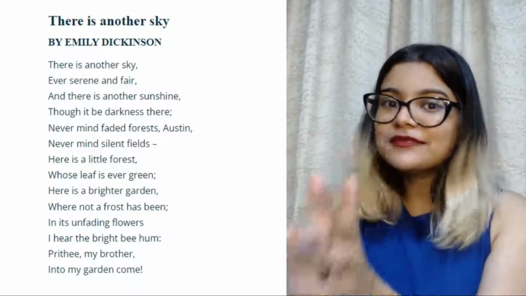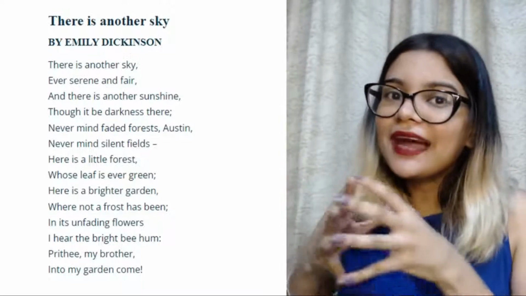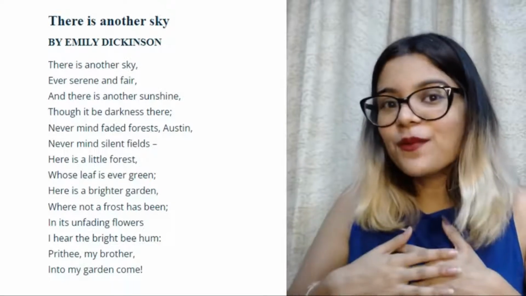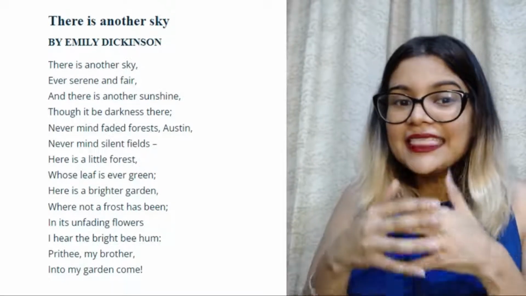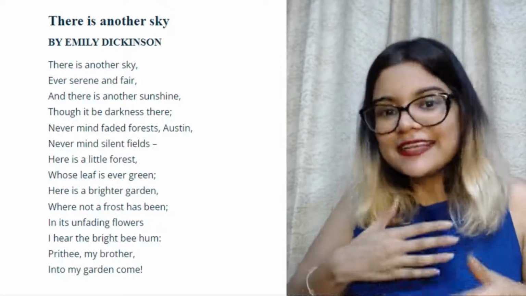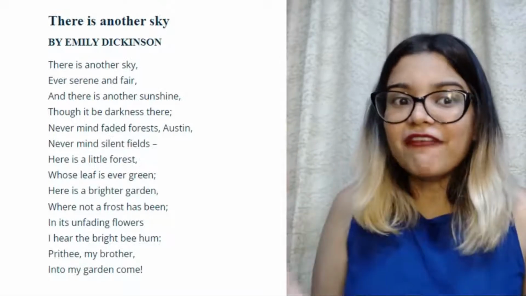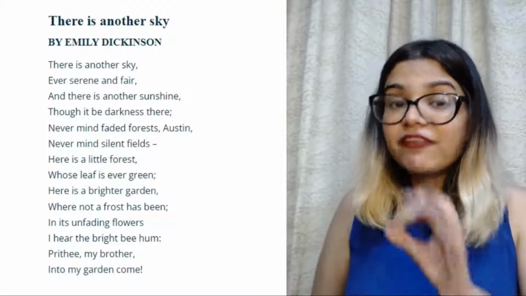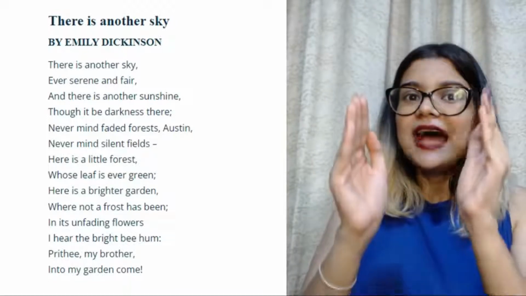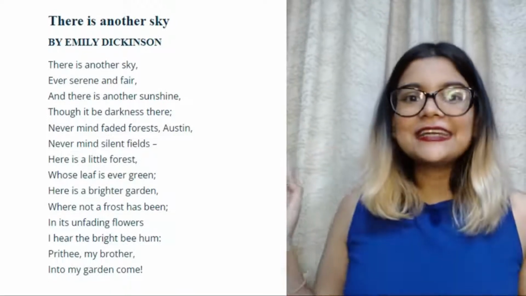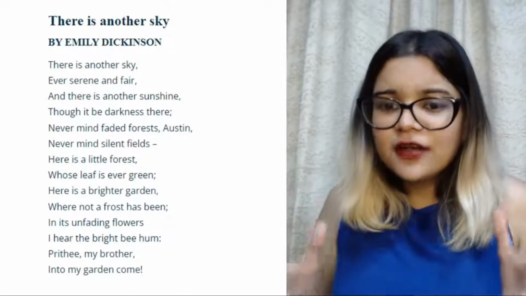Because apart from that as well, there is going to be another world. That is going to be my world. And this little forest is my world. This little forest is Emily's world of love. Where the leaf is evergreen, that means that it is always green. The atmosphere is always green.